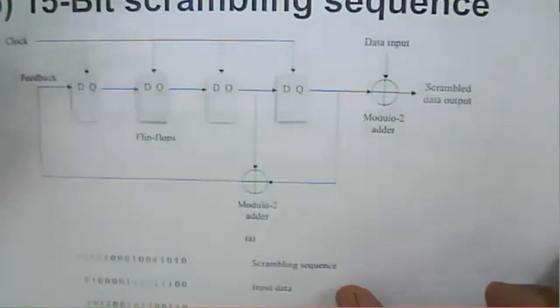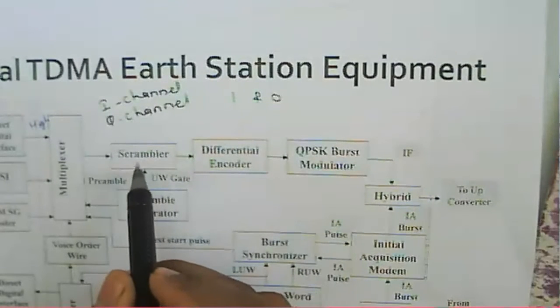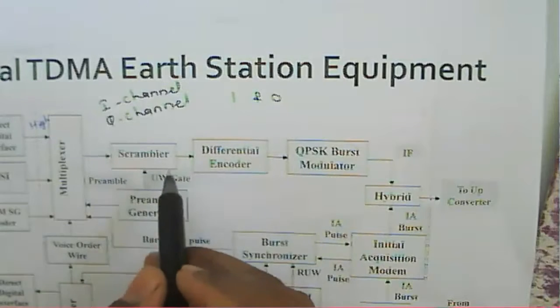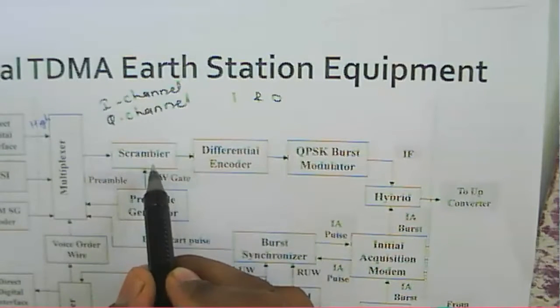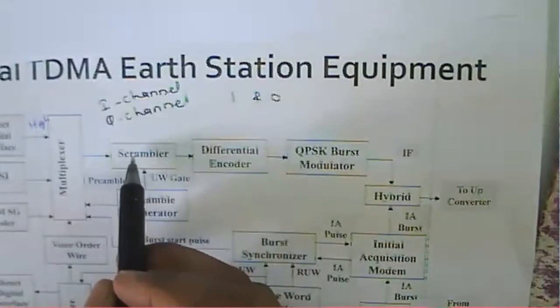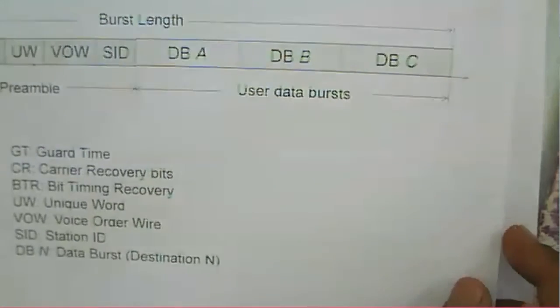And this scrambling begins for the data symbol following the unique word symbol. Okay, we'll come back to this, whatever the frame bit we have.